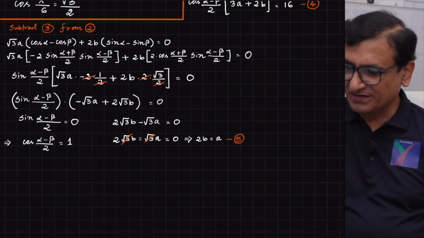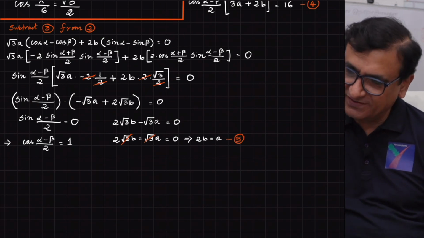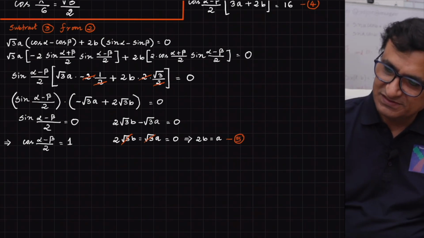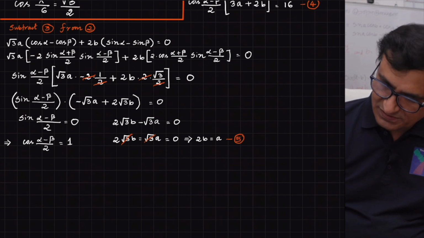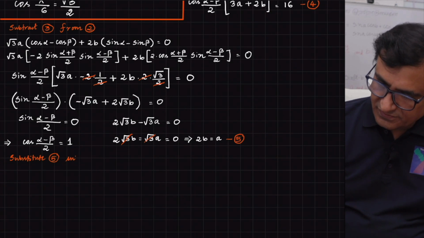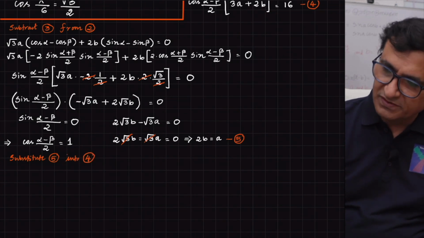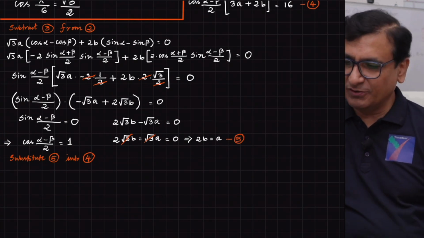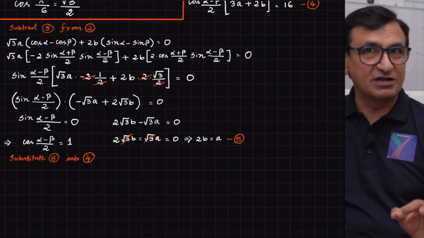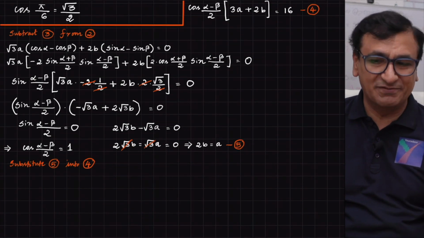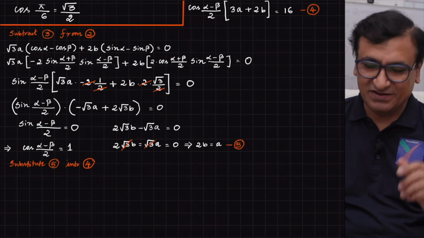Next, we have the homework. I have to substitute 5 into 4. The first part of equation 4, that is cos((alpha minus beta)/2), doesn't bother us because it's 1. So we just have to look at the second part of the expression.